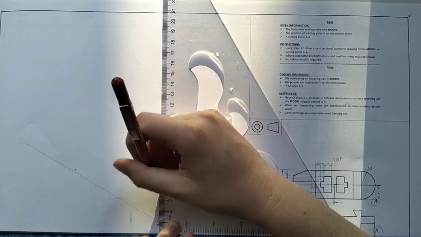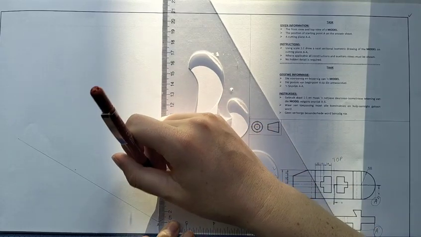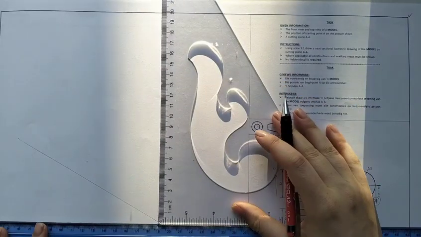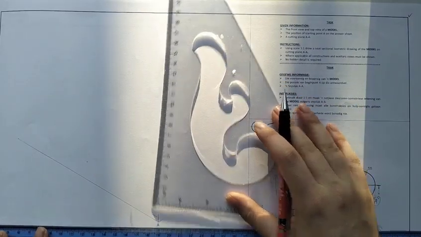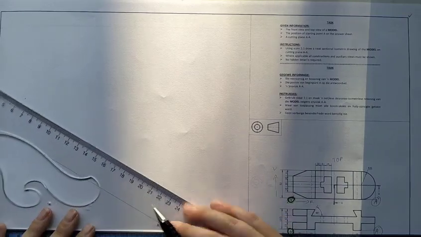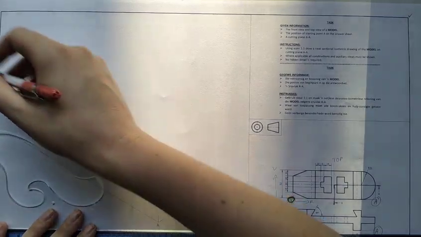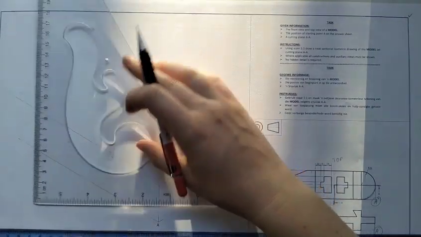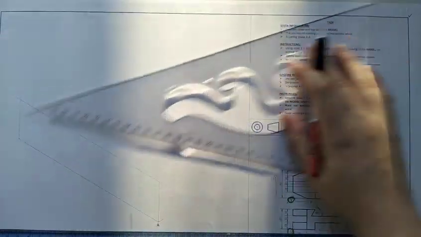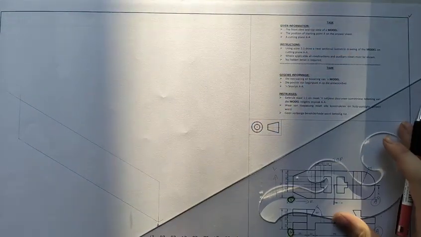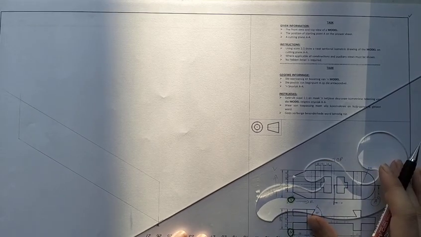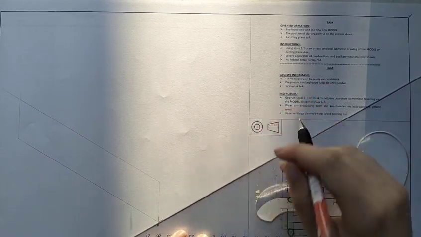So I'm just going to measure a block. And then on this side it should be 52 if we look at our top view.